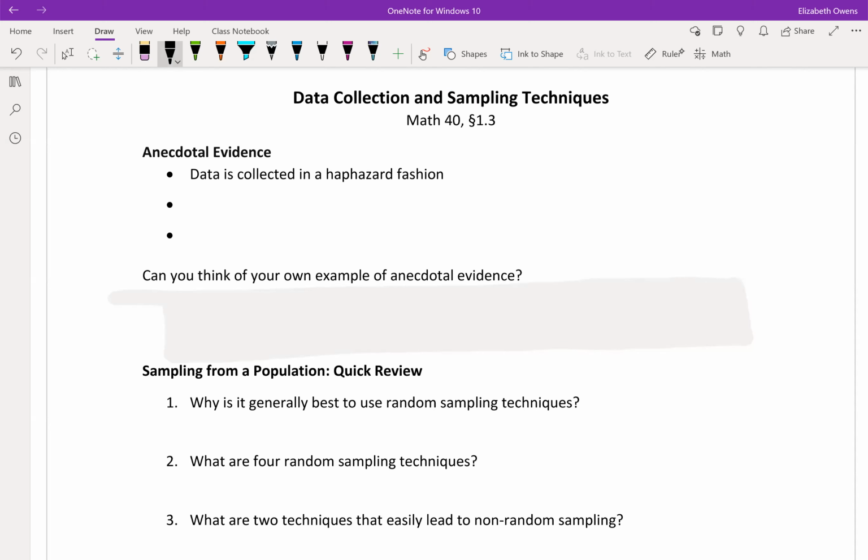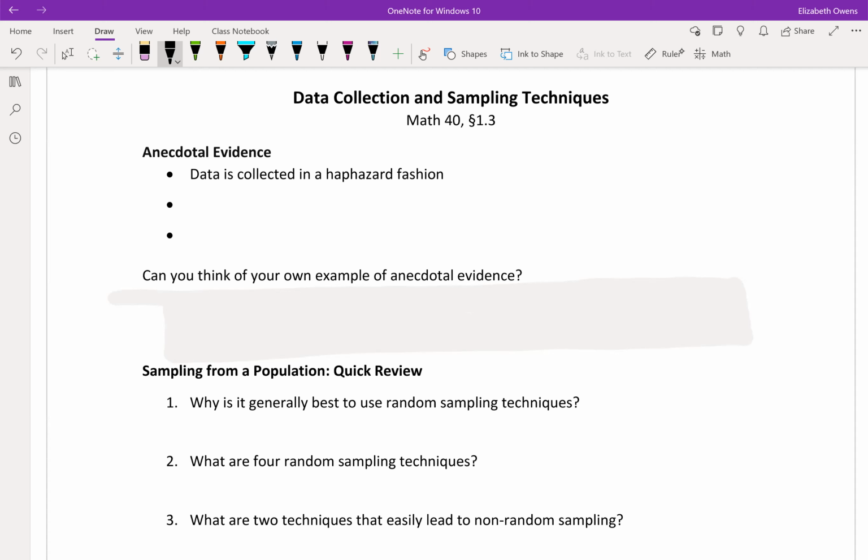All right. One thing that is discussed in 1.3 that we haven't seen before is the idea of anecdotal evidence. And this is something that really most of us have seen. It's data that's collected in some sort of haphazard fashion, like just whatever you can get, whatever story you've heard, becomes part of this quote, quote, data.